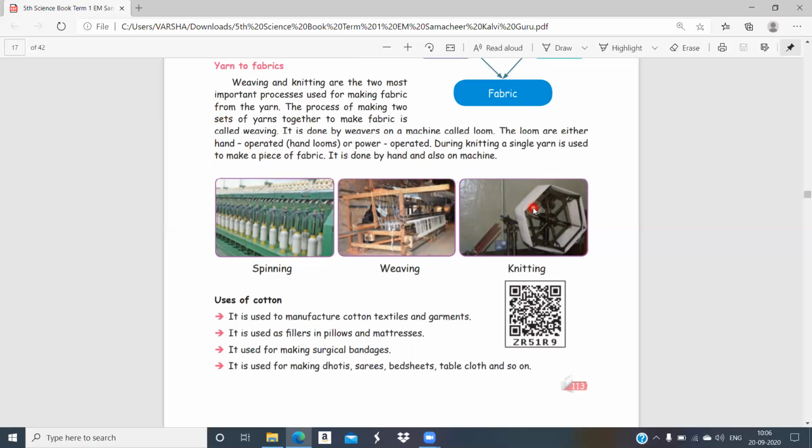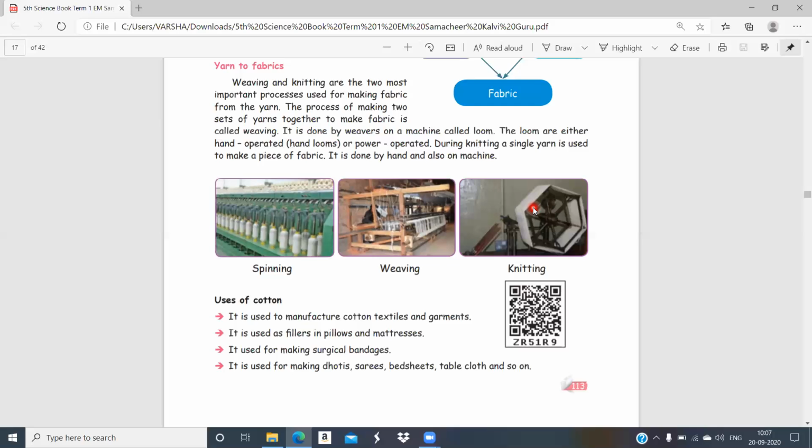Weaving and knitting are the two most important ways of making fabric from yarn. Two sets of yarn together make the fabric, which is called weaving, and it is done by a machine called a loom.